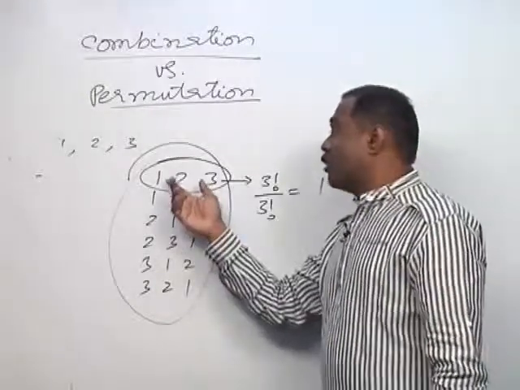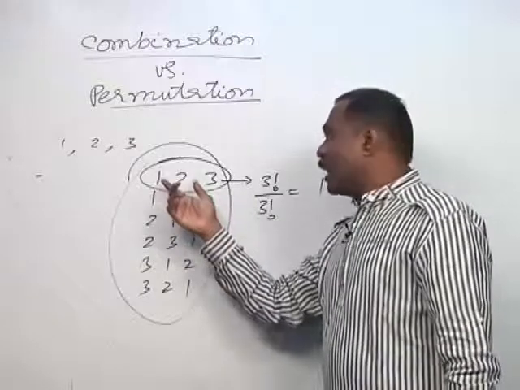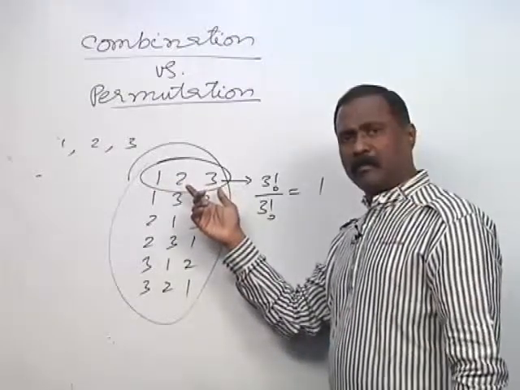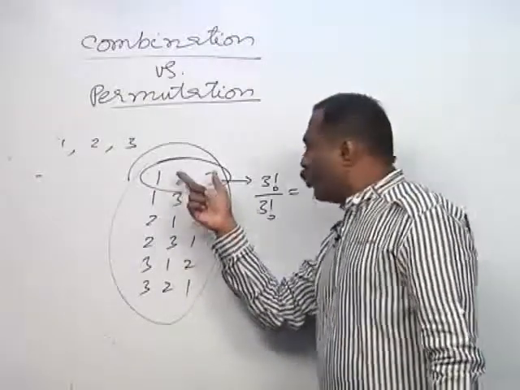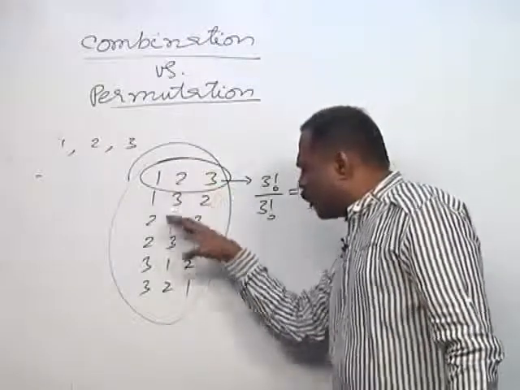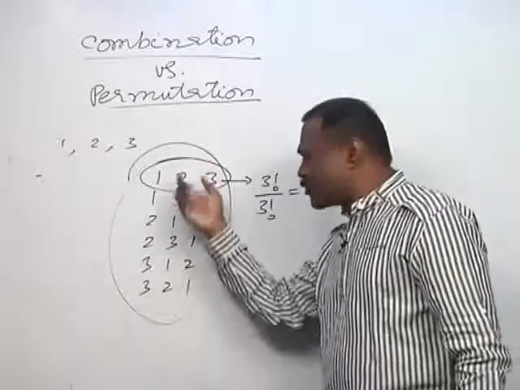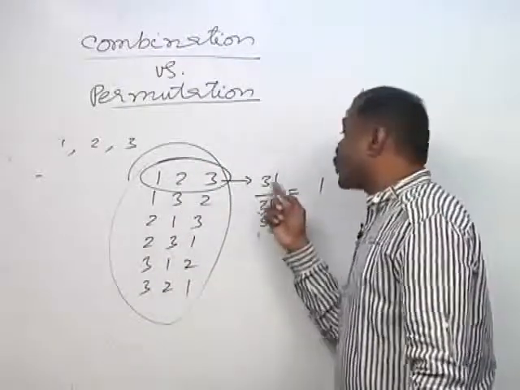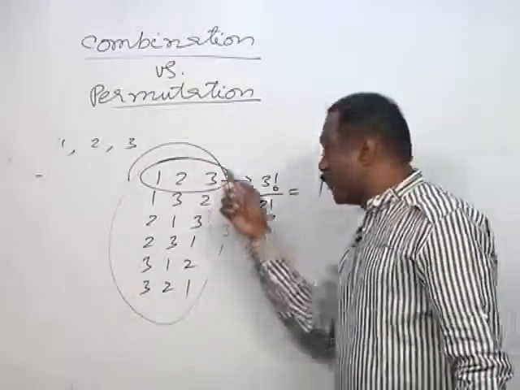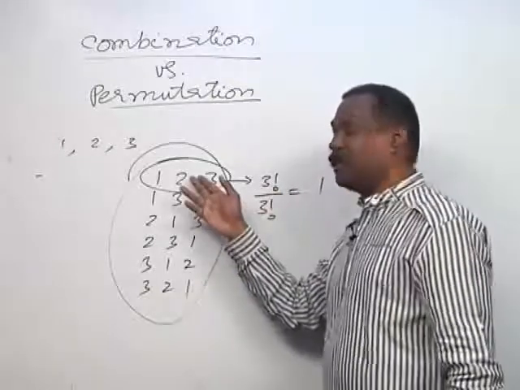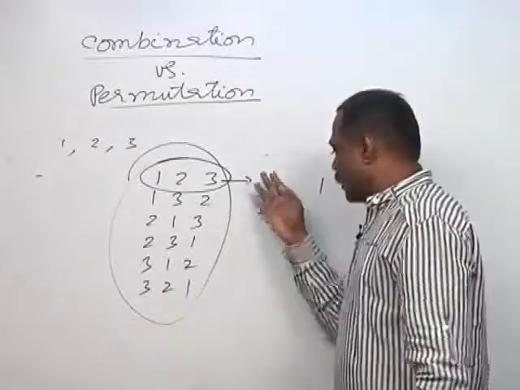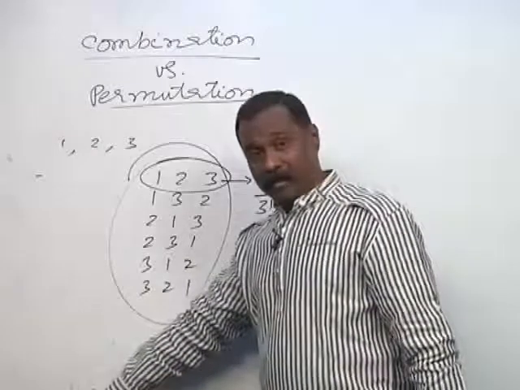We are particular about an ascending order of magnitude. So only this one is required. Remaining all we don't require. Remaining all means they are all internal arrangements in which the order of things is also considered. That is why you are getting 6, but here it is not 6, but only 1. That is why 3 factorial upon 3 factorial is equal to 1.